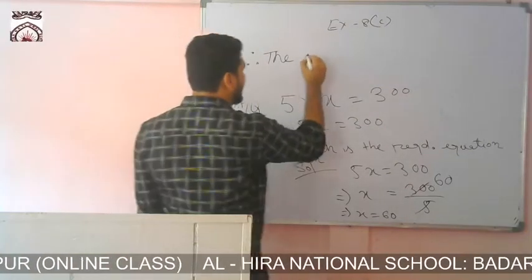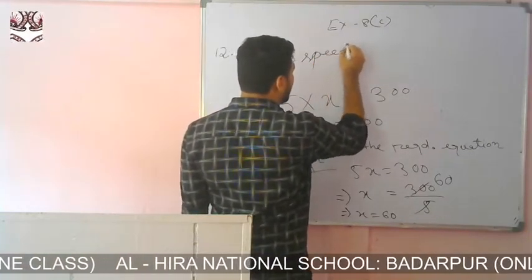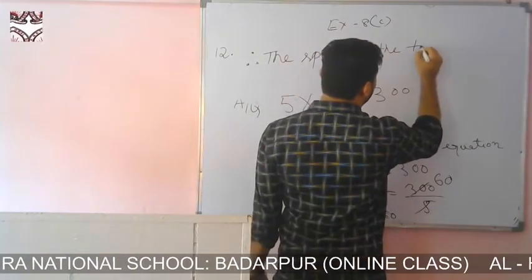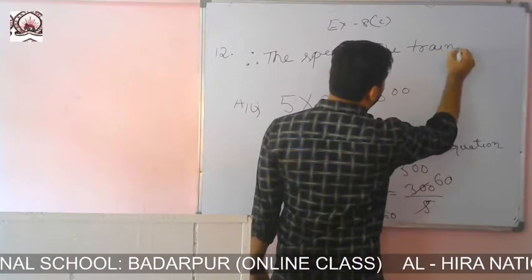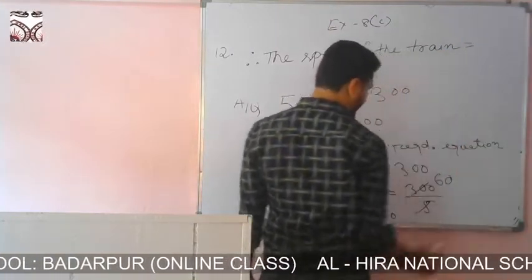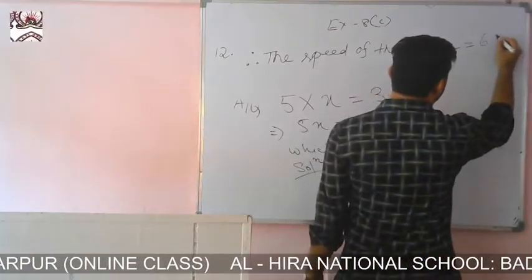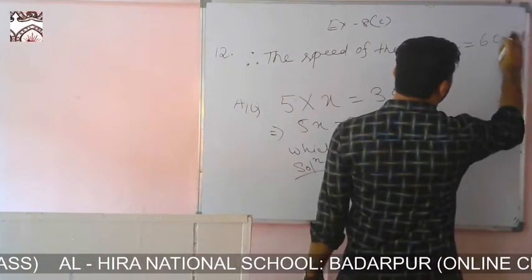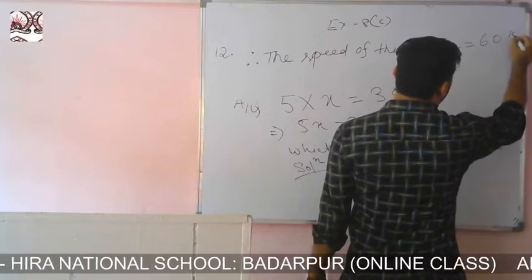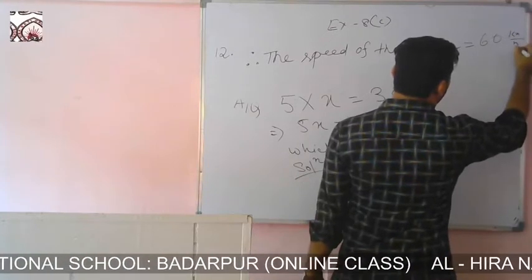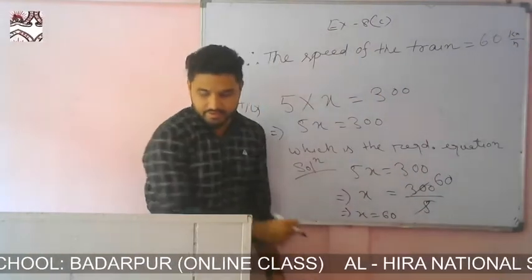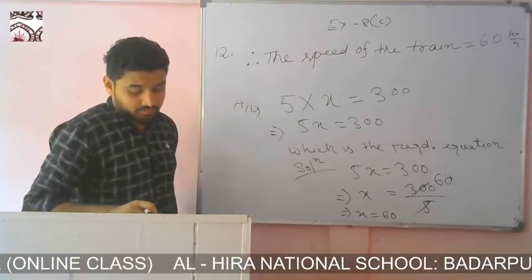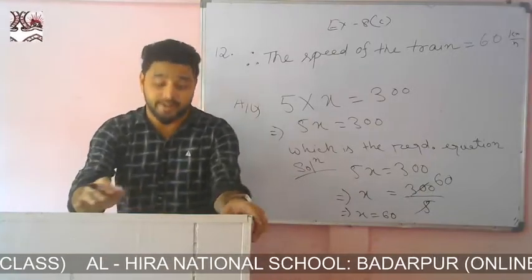Therefore, the speed of the train equals to what? 60 kilometer per hour. Okay, 60 kilometer per hour. Now come to question number 13.